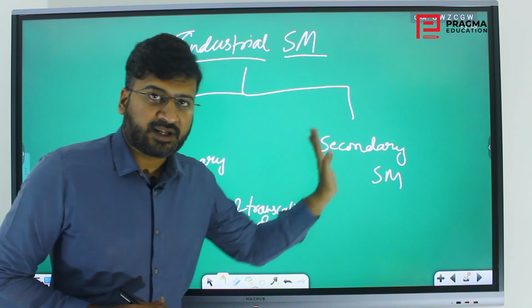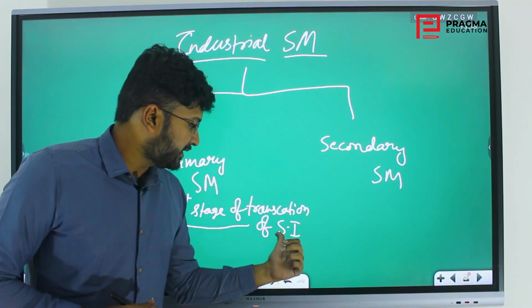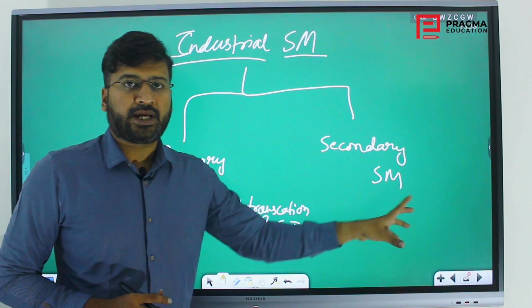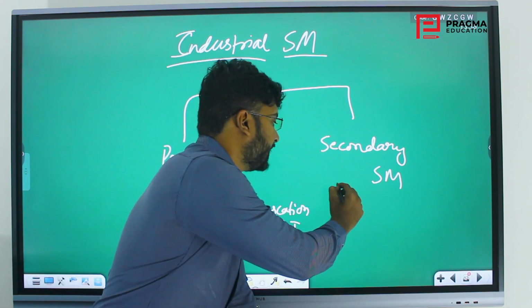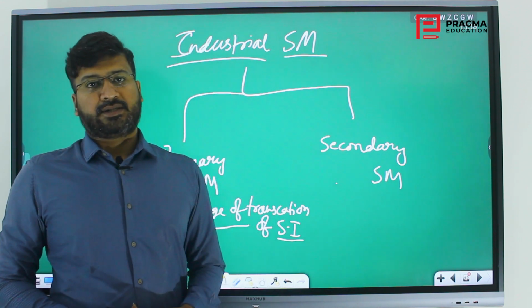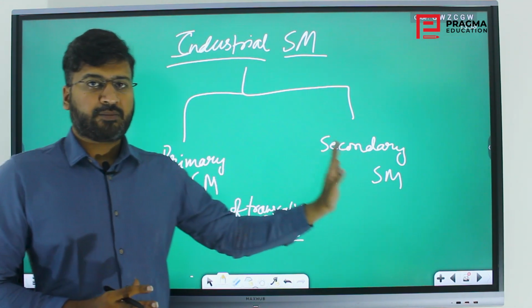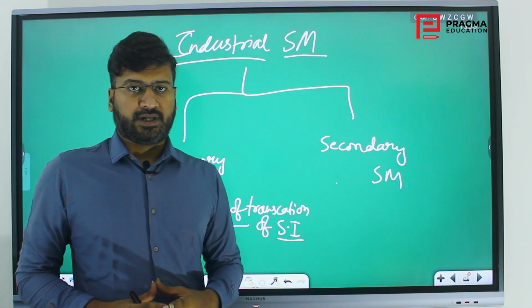And all other further transactions, any time this securities instrument is sold and bought again any number of times, it is in the secondary securities market. This is the basic difference between primary and secondary securities markets.